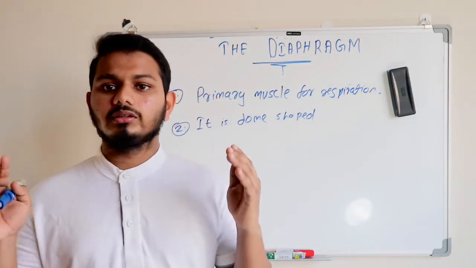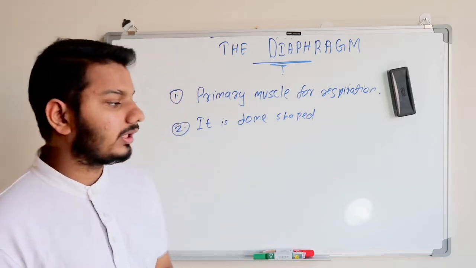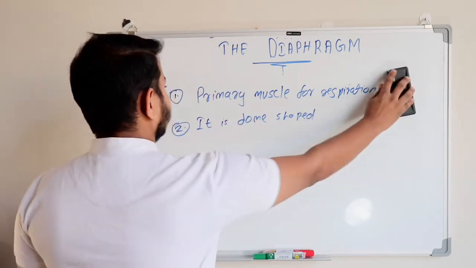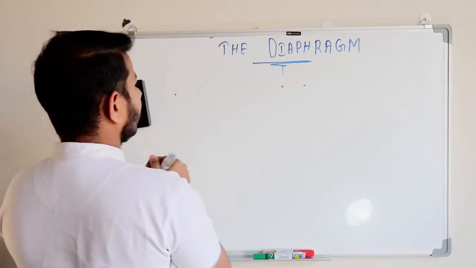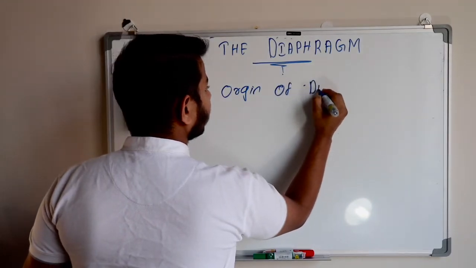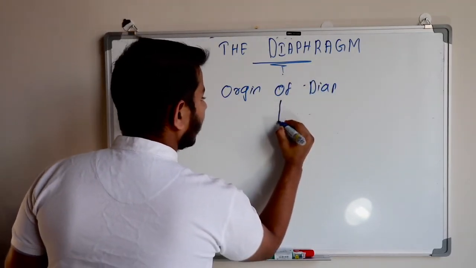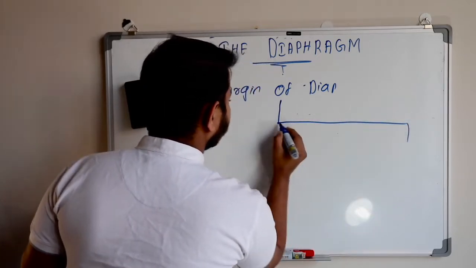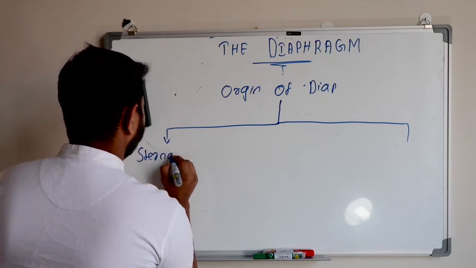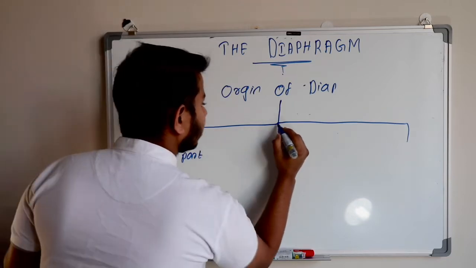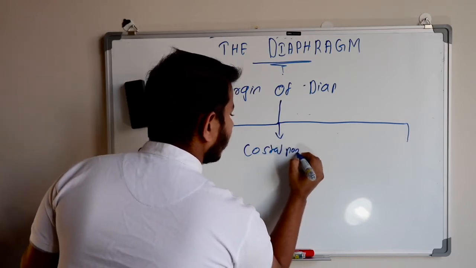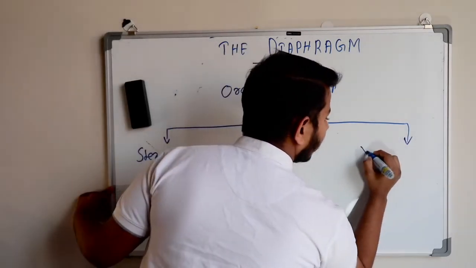The origin of the diaphragm can be divided into three parts: the first part is the sternal part, the second part is the costal part, and the third part is the vertebral part.